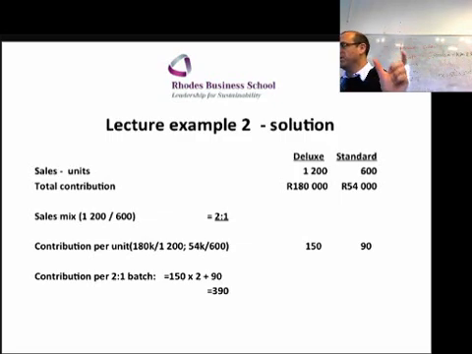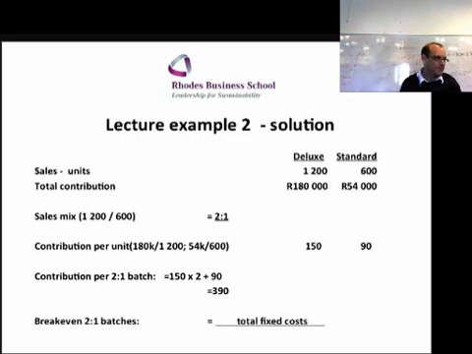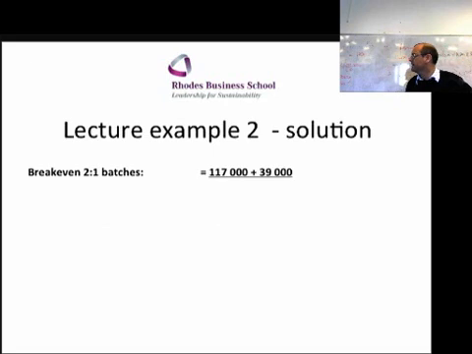We're working on 1 type of batch based on the sales mix. We can now work out our break even for these batches. Once again, it's going to be our fixed cost divided by our contribution, not per unit in this case, but contribution per batch. Okay. So there we go.